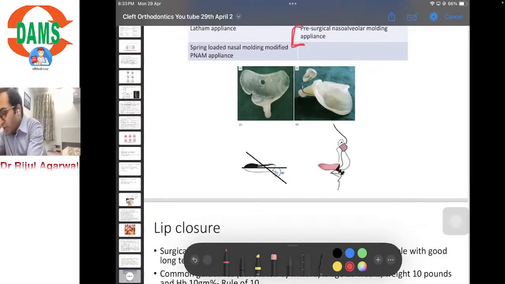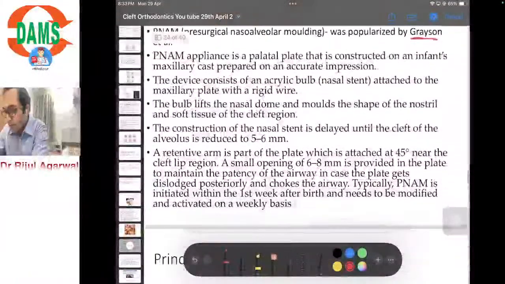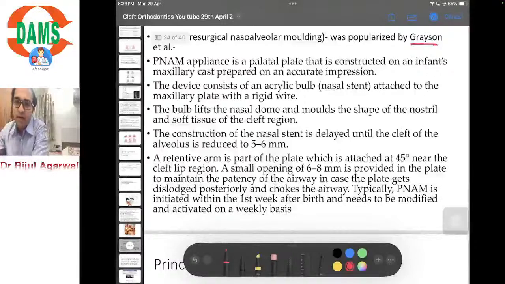The name itself says nasoalveolar molding: this part is a nasal stent and this is the alveolar part. It molds or helps in the development of the nasal part and the alveolar part prior to the surgery. So what is this appliance? This is a palatal plate constructed on the infant's maxillary crest from an accurate impression. In addition, there is an acrylic bulb attached to the maxillary plate with a rigid wire.